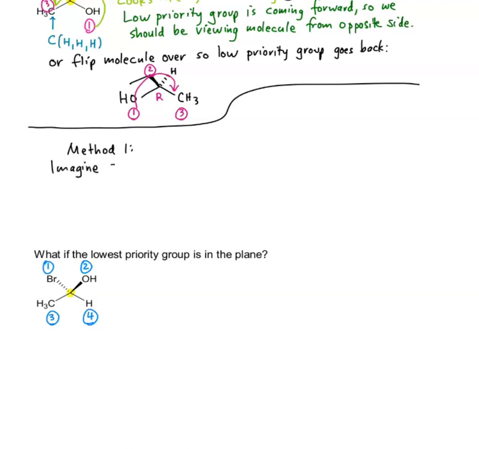involves you imagine standing so that you're looking down the bond between the asymmetric carbon and the low priority group.